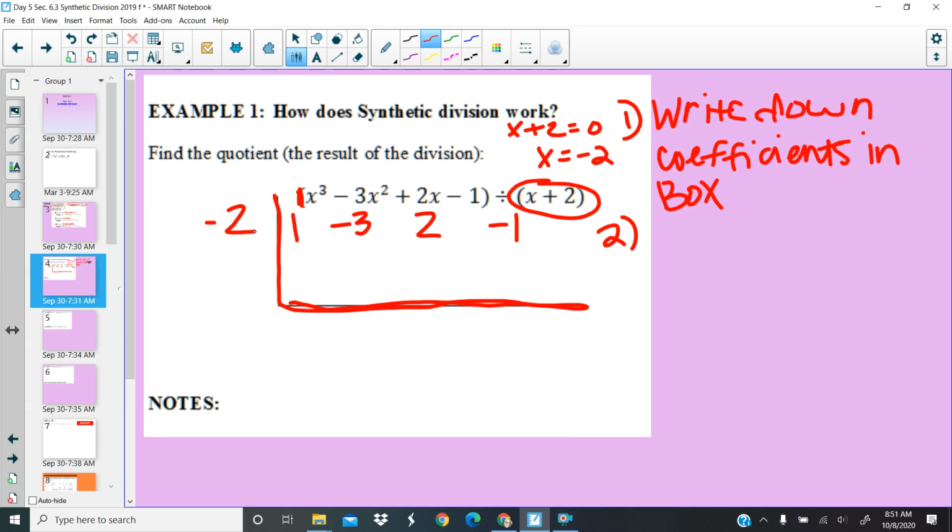So we set our factor equal to 0 and placed that number on the outside of the box.